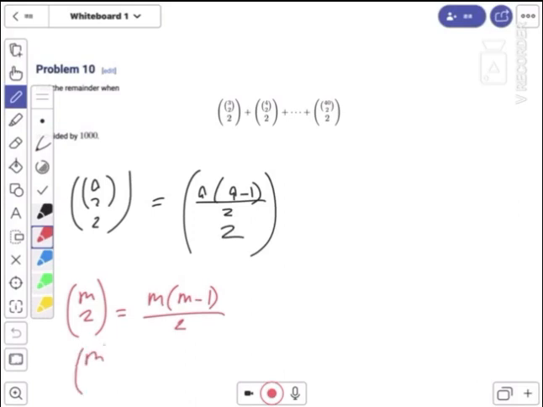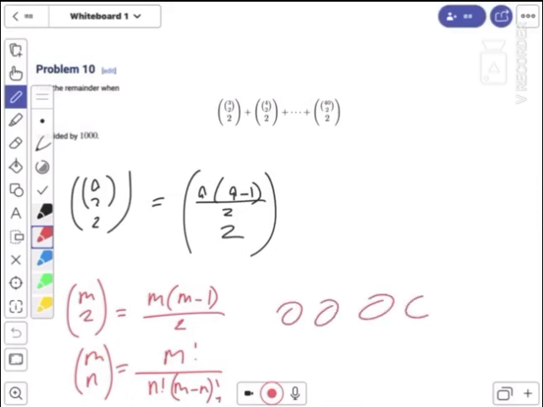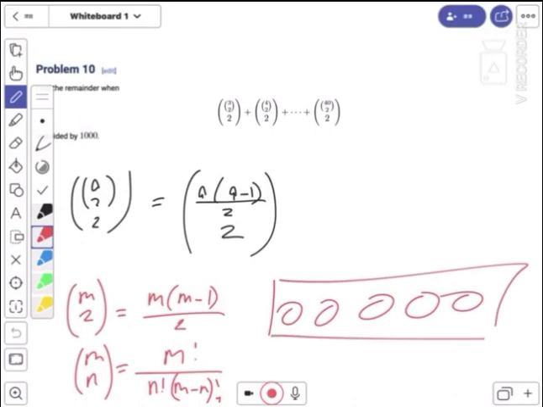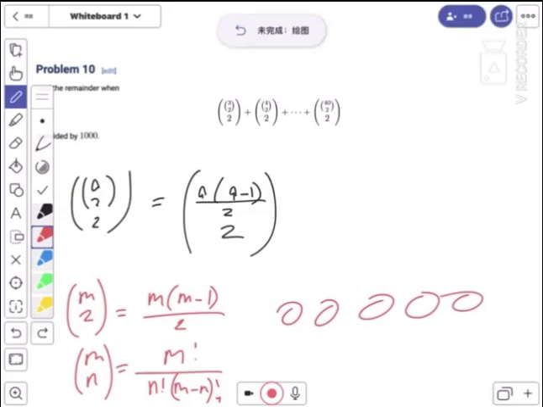And this is because m choose n in general is just equal to m factorial over n factorial times m minus n factorial. Meaning we're choosing n things from m things. And the order that we choose any two things are actually the same. And this is actually like a combinatorial way.